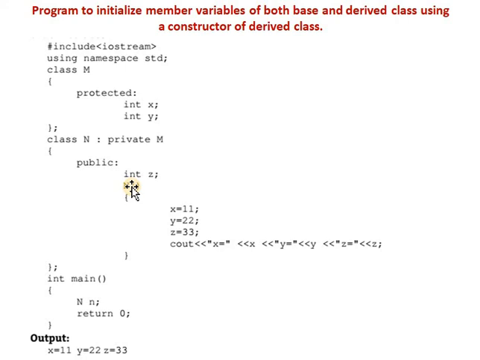So, when you execute this program, you will get the output: x will get the value 11, y will get the value 22, and z will get the value 33. This is the constructor used in derived classes.